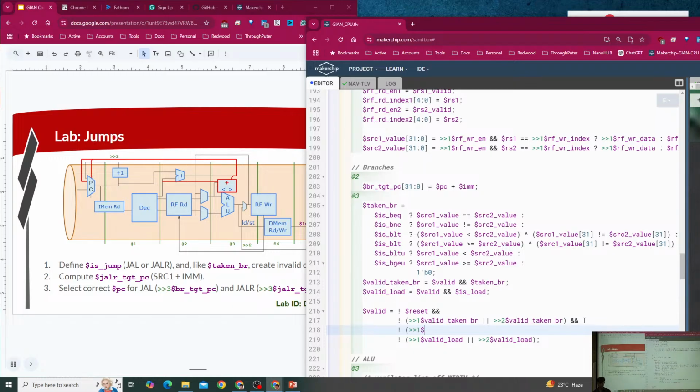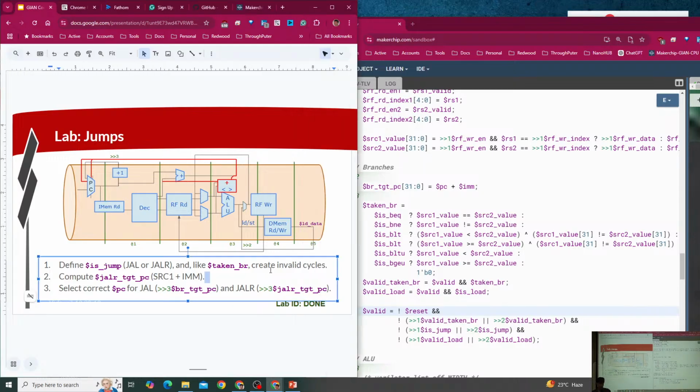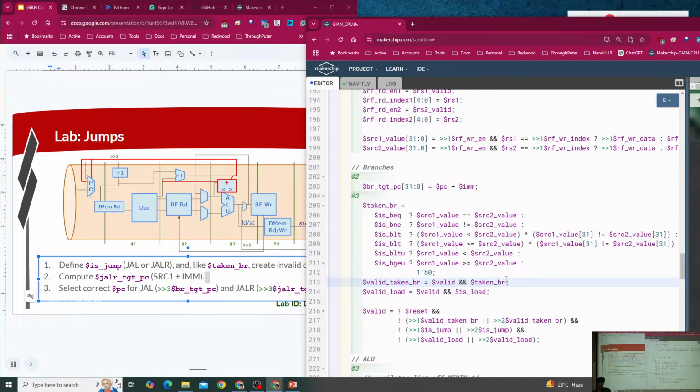So if the last instruction was a jump, or the instruction 2 instructions ago was a jump, then we also want to create this branch shadow and force valid to low. Any questions about that? So that should be step 1.